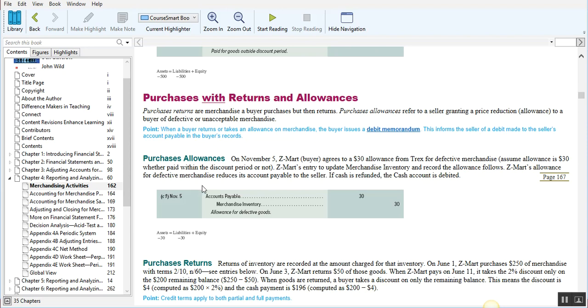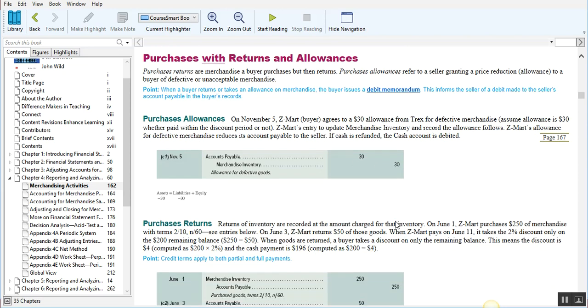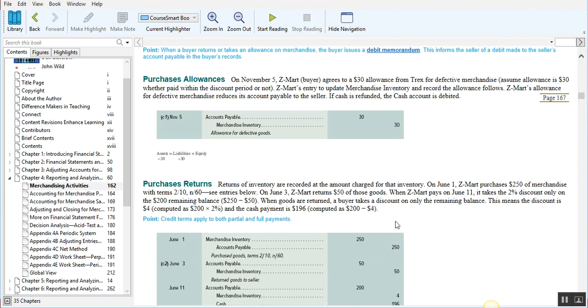So what we're going to do is reduce our account balance by the $30 allowance, and also reduce the cost of inventory because that's a reduction in inventory cost.